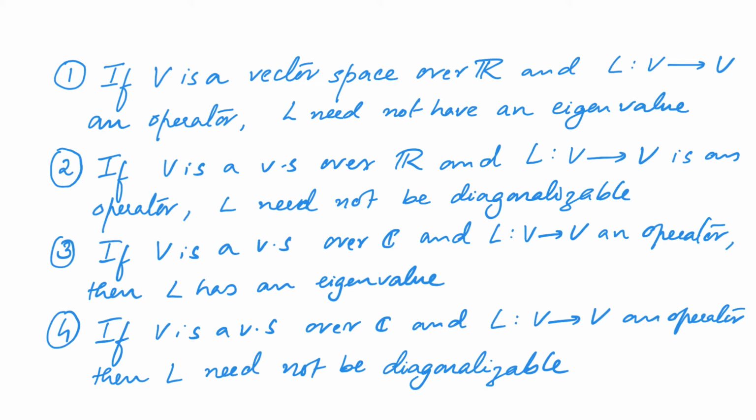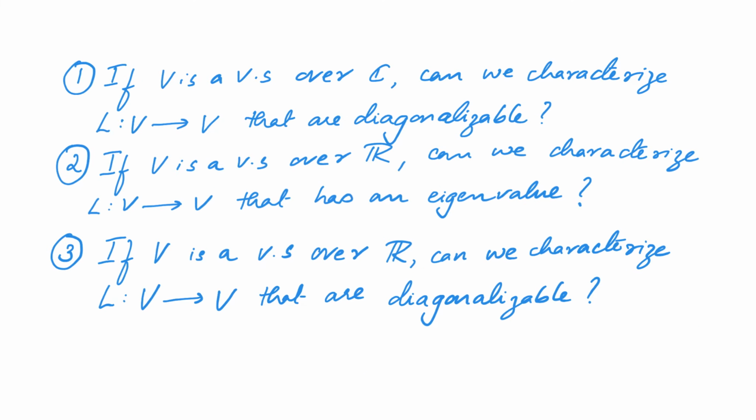We ask the next natural question. What is the best that we can do? For instance, can we characterize linear operators that can be diagonalized? Or if we have a linear operator on a vector space over R, can we characterize linear operators that have an eigenvalue? Let us repeat.